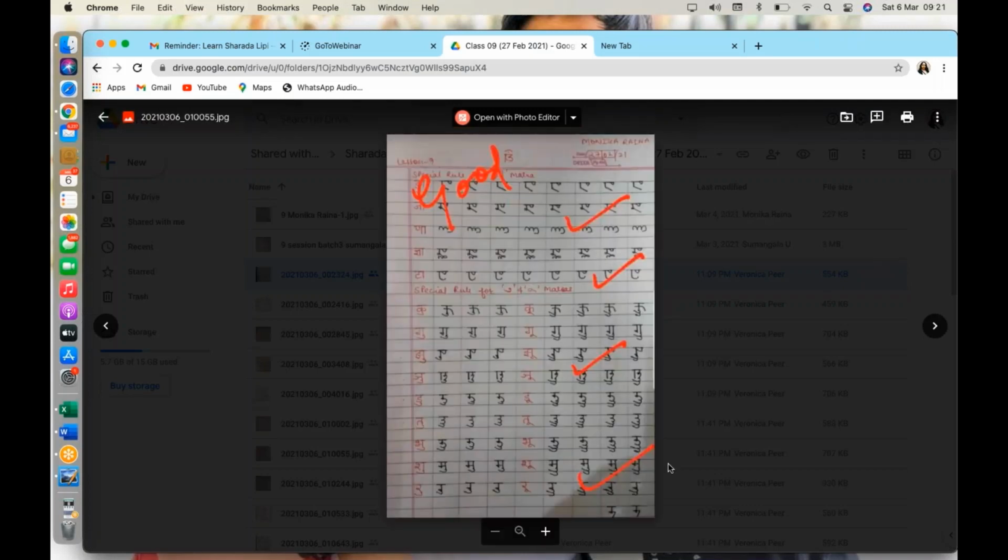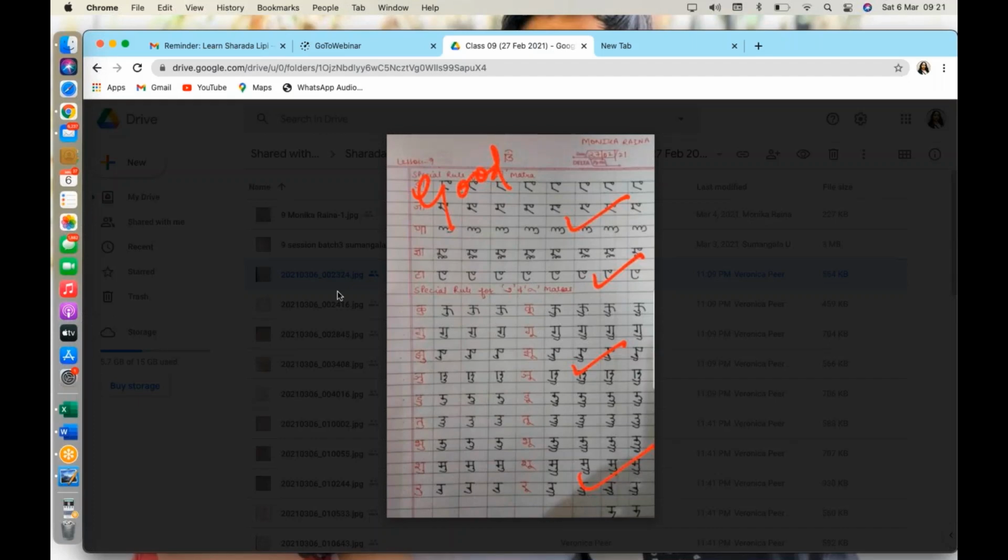I'll just pick the last assignment. This is a nice and clean assignment from Monica Renaji. Nicely, neatly written. Again, as I said, marking these with a red pen, or mentioning these special rules, will help you. This particular material that you're making right now will really help you for later referencing.